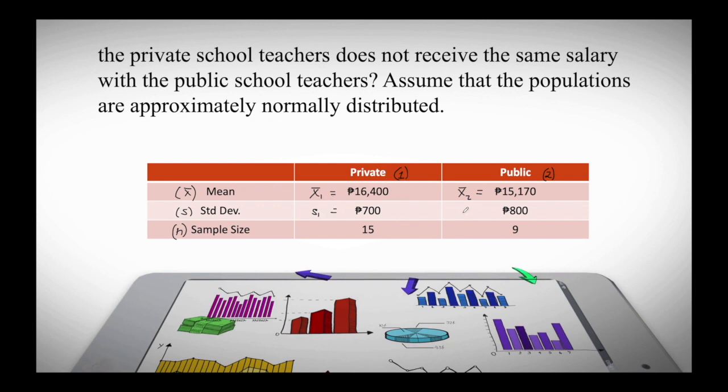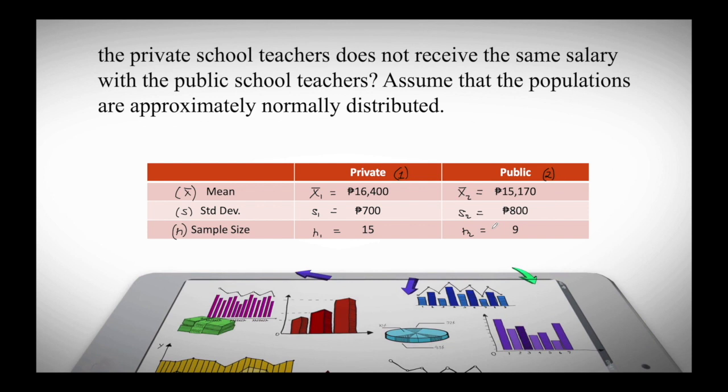And this will be S sub 2, which is the sample standard deviation of those public school teachers. N sub 1 is the sample size of population 1 and N sub 2 is the sample size of the second population. So basically, that is our given.